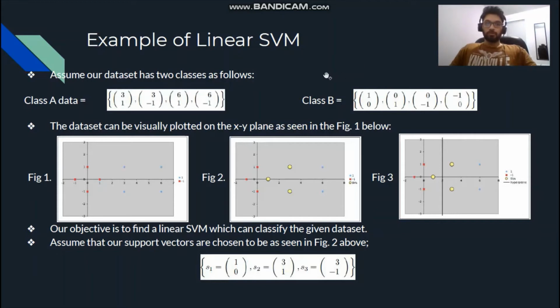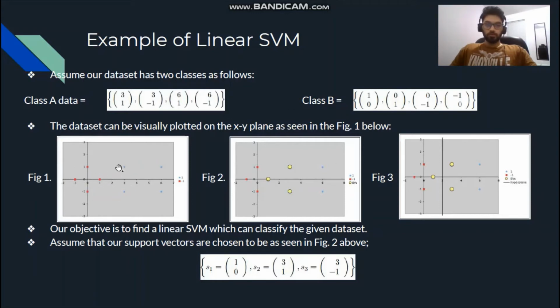I'm part of Group 8. Today I'm going to give you an example of linear SVMs. Assume our dataset has two classes, class A and class B. Class A is represented in this figure 1. The points (3,1), (3,-1), (6,1), and (6,-1) are represented with the blue dots, and class B is represented with the red dots.